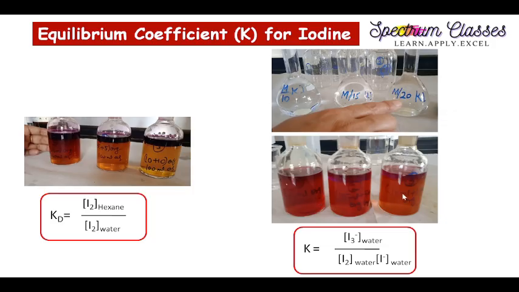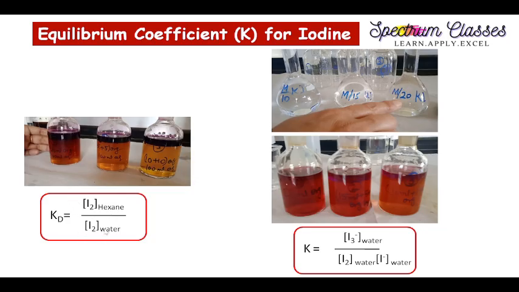For the equilibrium constant, it is product concentration divided by reactant concentration. Now the important point is how we are going to determine this I3 minus, this I2 and this I minus. This I2 is simple. In the previous case we determined this. So I2 in water we can determine by knowing the distribution coefficient and the concentration in the organic layer.